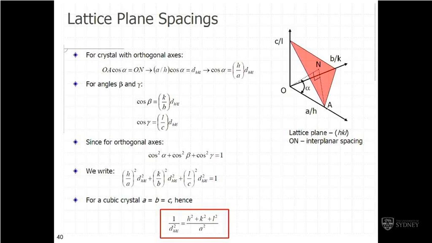You keep the general form if you've got a rectangular orthogonal kind of lattice, where a might be equal to b but not c and so on. But for the special case of cubic you have that relationship there. So you use that to find the interplanar spacing if you are given h, k, l, and of course the lattice constant, a.